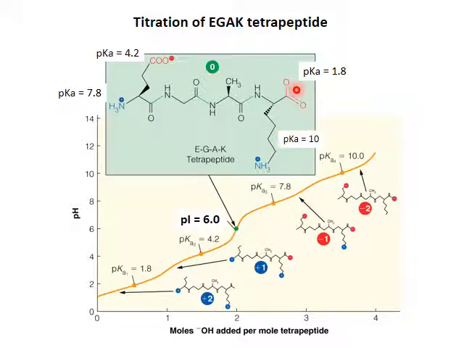A lowering of the pK is due to participation of that amino acid residue in a peptide bond. But you don't need to know the reason why, just that it is lower, and how to use this information.